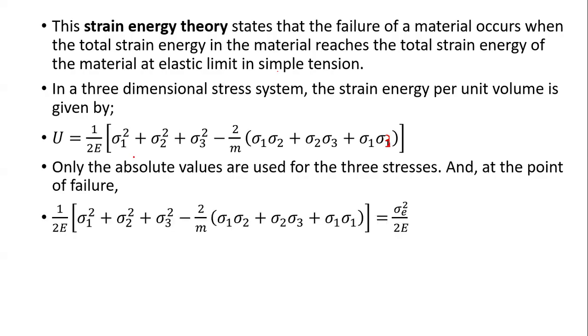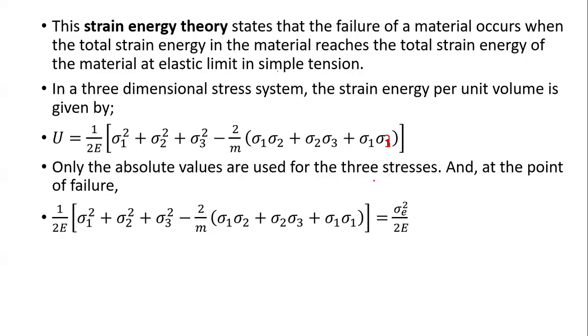Now, if this is the case, when we say we only take absolute values, it means we can now pick the strain energy first of all. Remember that strain energy per unit volume was stress at elastic limit squared over 2E.